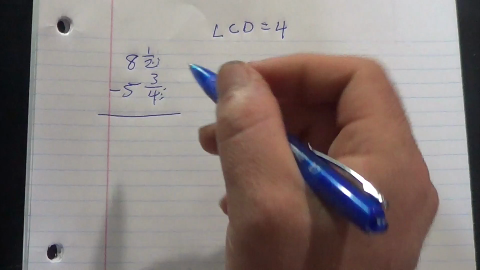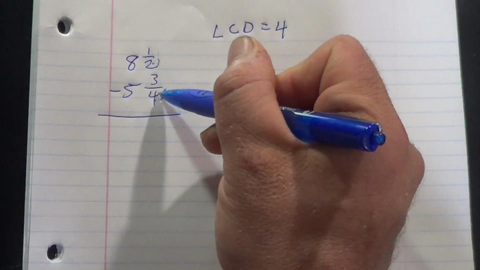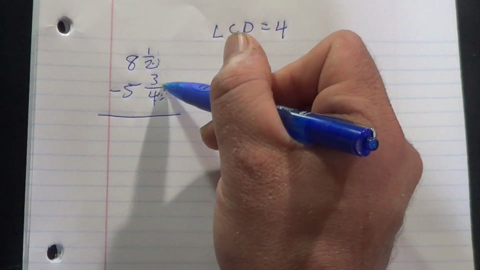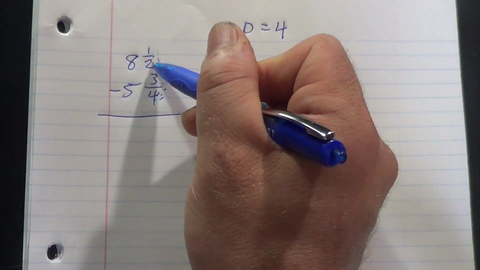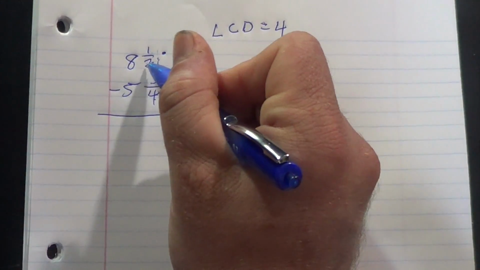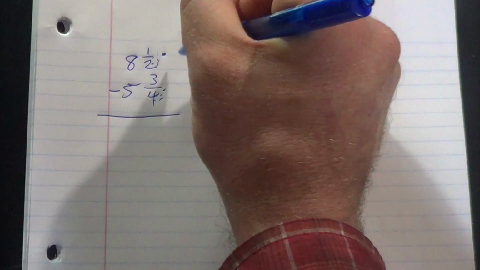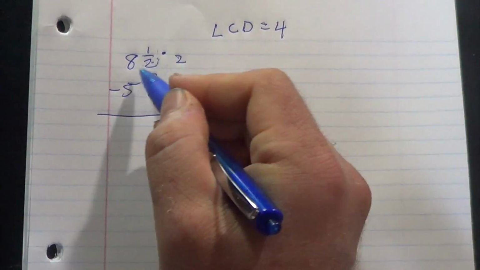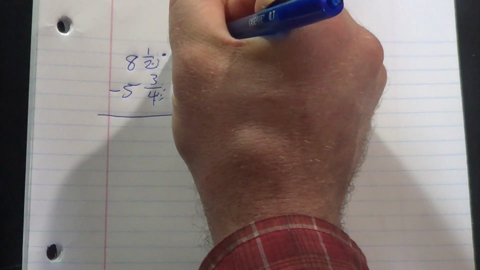So in order to get these to 4, this one's already at 4, 3/4, we are good. We're done with that. But this one needs a 4. So in order to get this to 4, you have to think, well, what do I have to multiply in order to get this 2 to 4? Another 2, of course. 2 times 2 is 4.